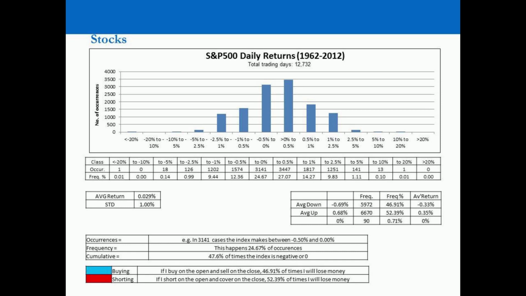Well, we see from minus 0.5% to 0%, 3,141 trading days. From 0% to 0.5%, 3,447, which means what? Between minus 0.5% and plus 0.5%, half of those trading days out of 12,732, roughly half.